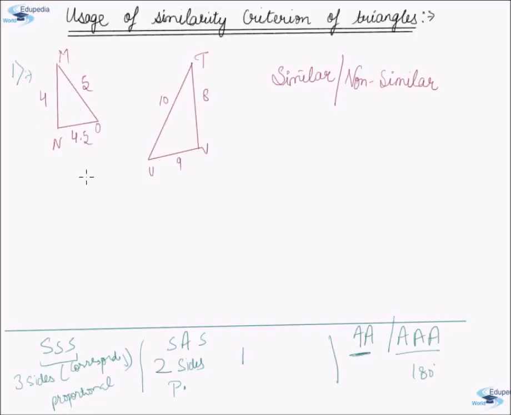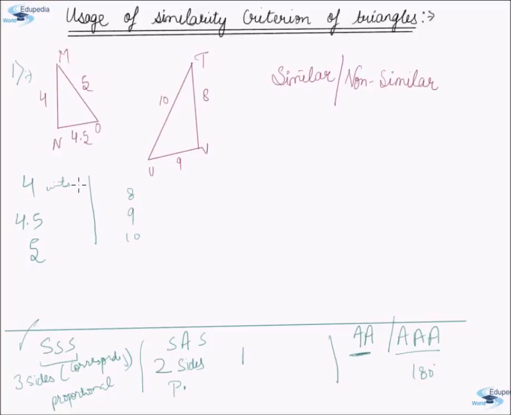That is, in the first case we are given 4, 4.5 and 5, the length of the sides in units when written in ascending order. Similarly, if we write here in ascending order, the sides are 8, 9 and 10. So there is no mention about the angles of the triangles. Thus we can use only SSS criteria to prove the given triangles to be similar.